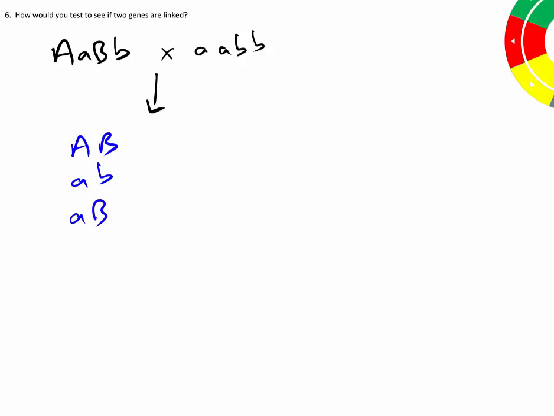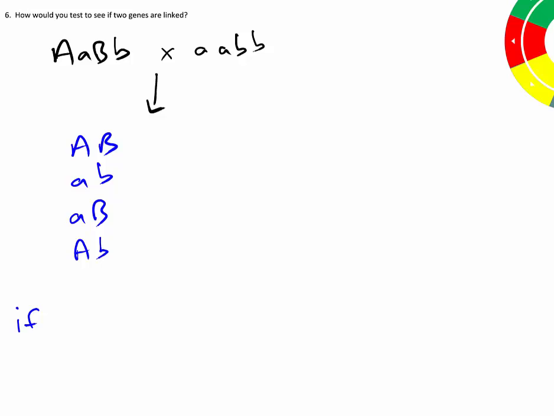So how would you test to see if two genes are linked? This is always going to be the same thing. We've got something that's heterozygous for two genes. We do a test cross. Then we look at our different kinds of gametes. Some of those have to be parentals and some of those have to be recombinants.